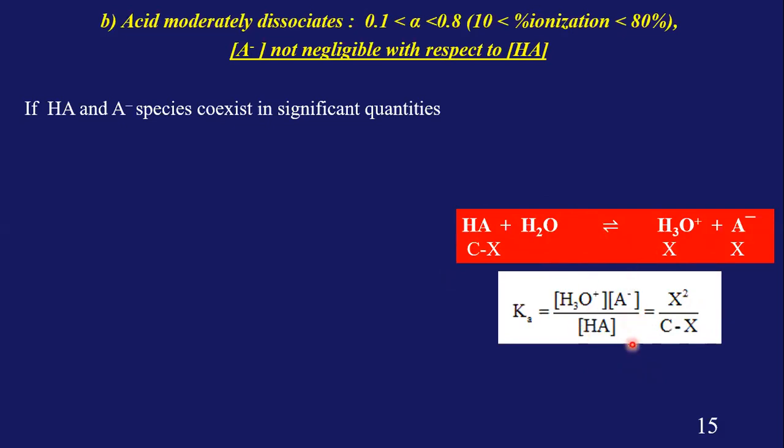So if HA and A minus species coexist in significant quantities, that means that from the conservation of the elements of A, C is HA plus A minus, and I cannot neglect A minus, and I cannot neglect HA.